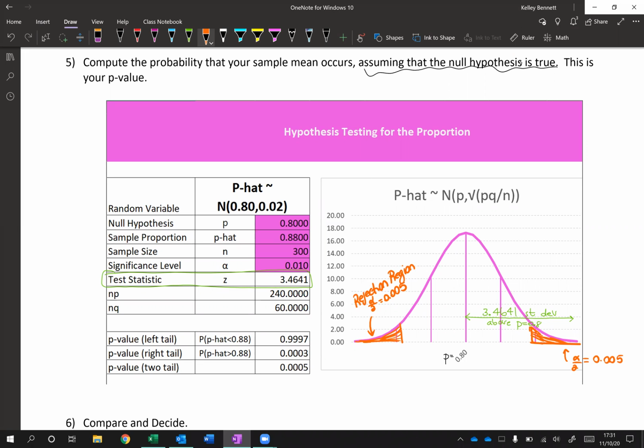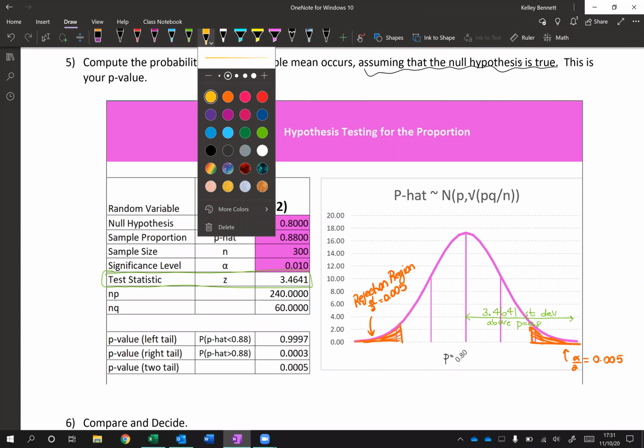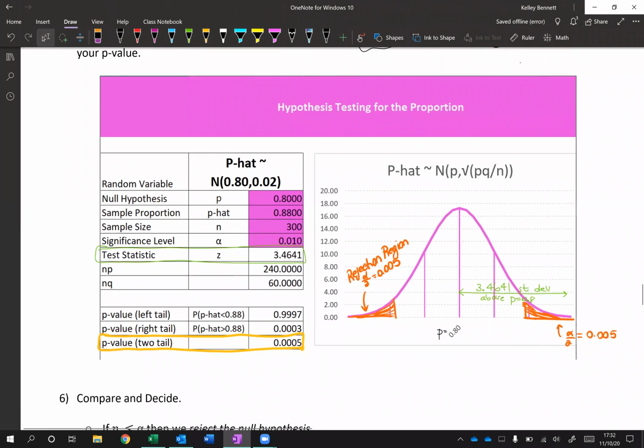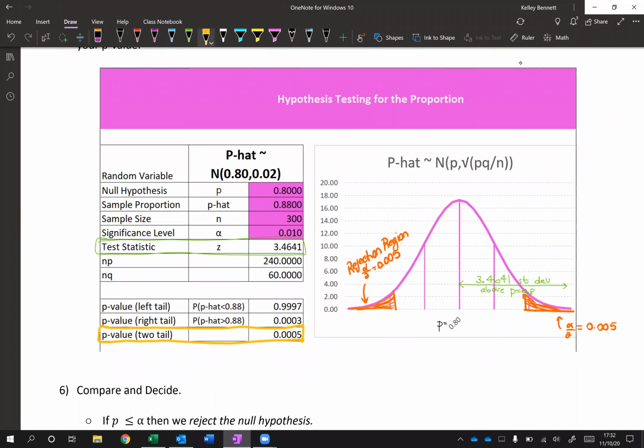So where does p hat fall into that? Well, we're doing a two-tail test. So our P value. This is where it gets kind of hinky, because we're talking about P and P hat, and then we also have this P value. This P has nothing to do with the proportion. But I didn't make up that rule. That's just another weird, quirky thing about statistics.